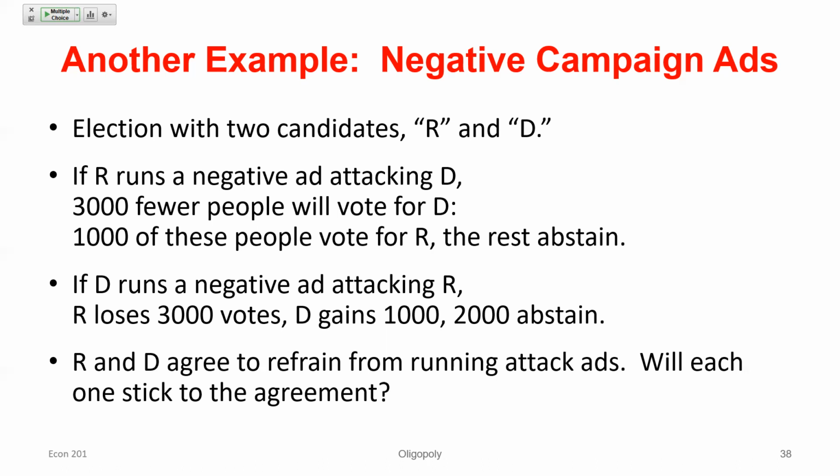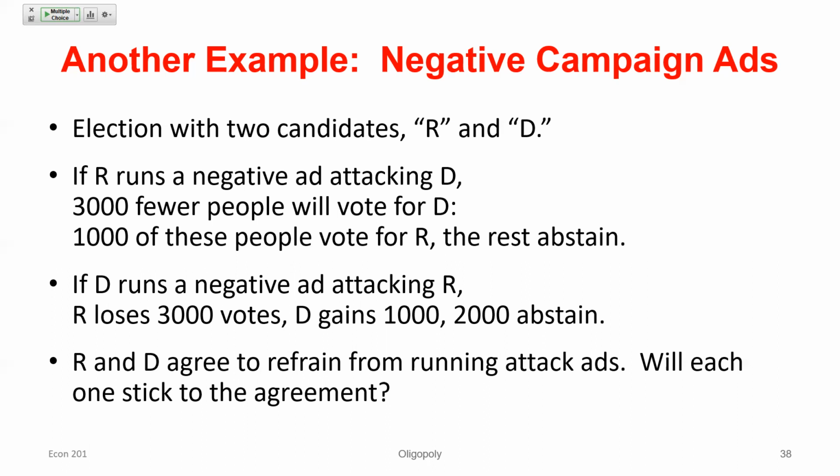But that's why you see that all they do is attack the other person a lot of the time, because quite often the payoffs are going to be something similar to this, in which there's always a dominant strategy to be running that negative campaign, or the best response to what the other person is doing is always to be the one who's running that negative campaign.